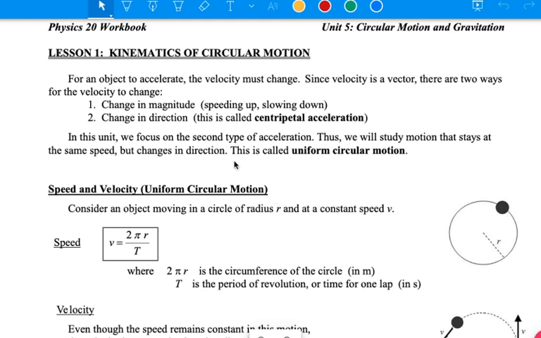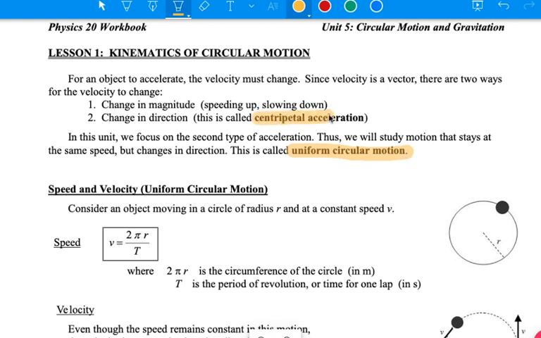So whenever something has the same speed, but a change in direction, we call that uniform circular motion. And that is going to be a buzzword for us this unit.